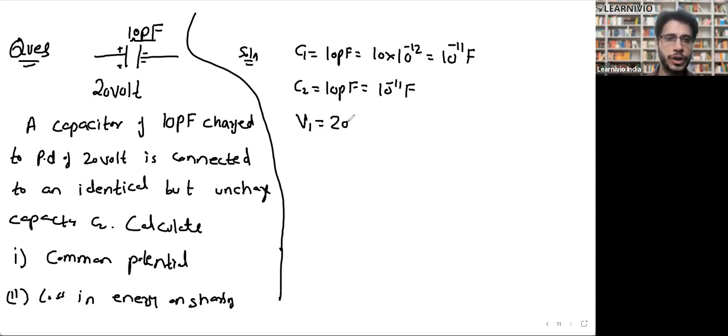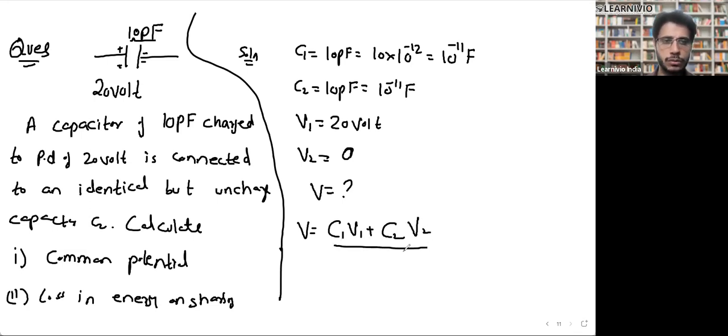V1 is 20 volt. V2 is 0. You're supposed to calculate V, the common potential. We calculate common potential in this way: C1 V1 plus C2 V2 over C1 plus C2.